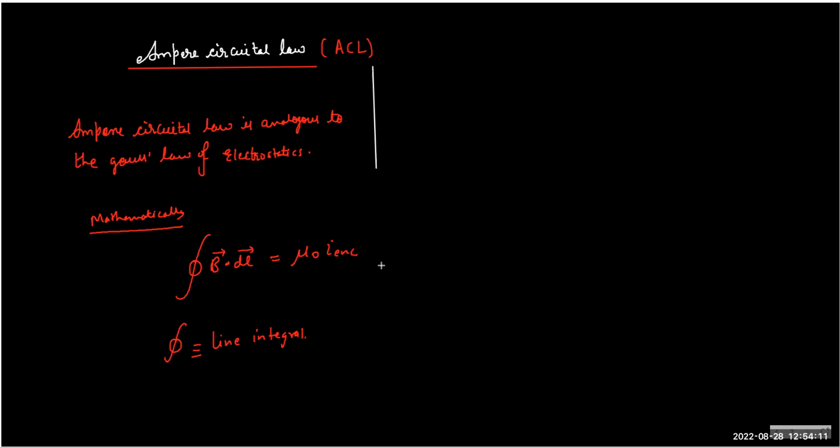So every current carrying wire will create a loop shape of magnetic field. So magnetic field always encloses in a line. Okay, so it will have a closed path.